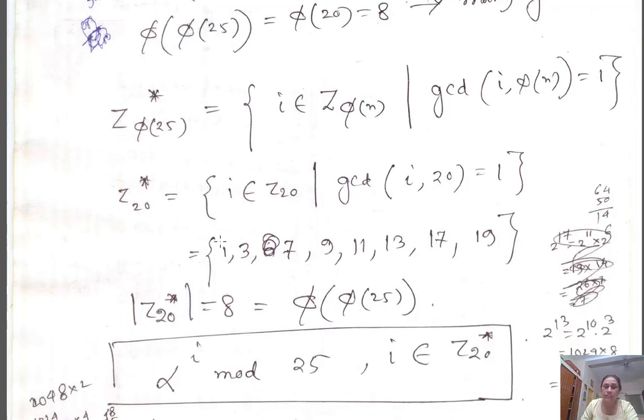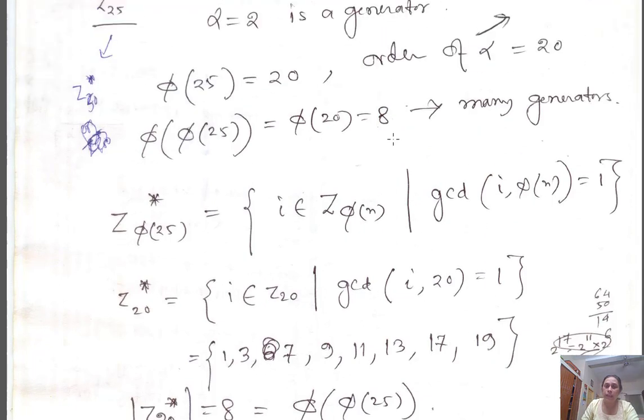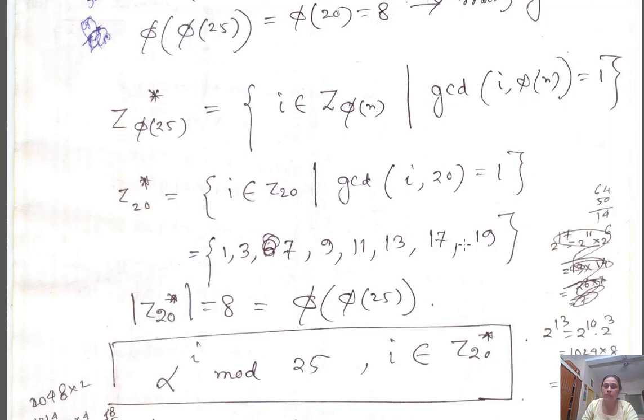This list is essentially 1, 3, 7, and so on. This is the set of integers in Z20 which are co-prime to 20. There are 8 elements here. So the other generators are given by alpha to the power i, with i from this set, modulo 25.